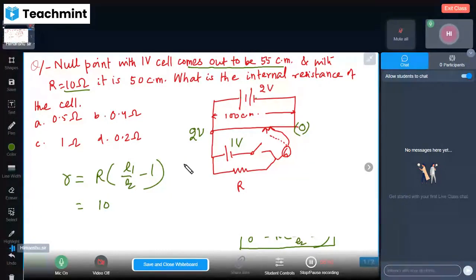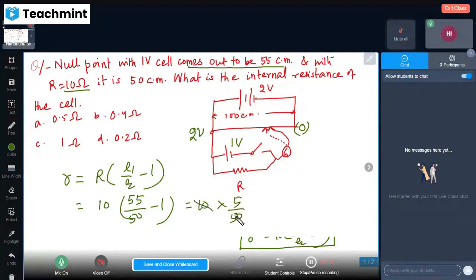Why? L1 is obtained higher. So r is 10 into 55 by 50 minus 1, so 10 into 5 by 50. So 1 ohm is the right answer.